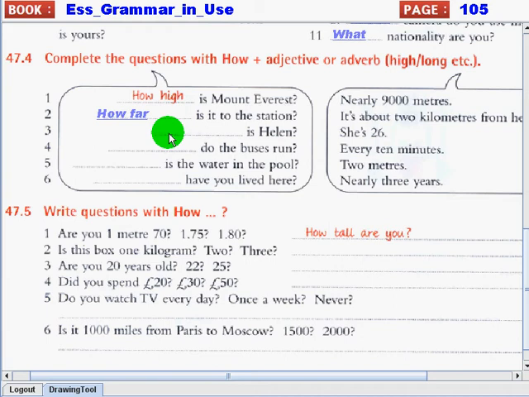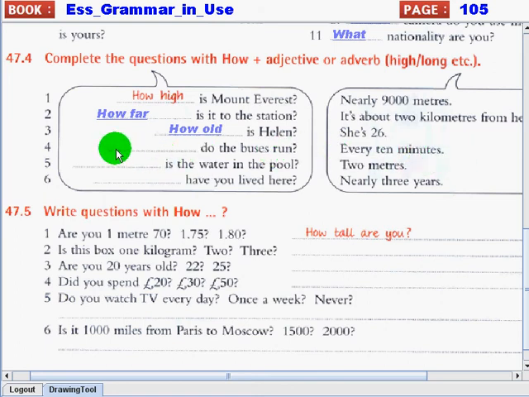Third, blank is Helen. We want to know her age. This is supposed to be the answer. So our question should be, how old is Helen? Fourth, yes, the answer should be this, every 10 minutes.